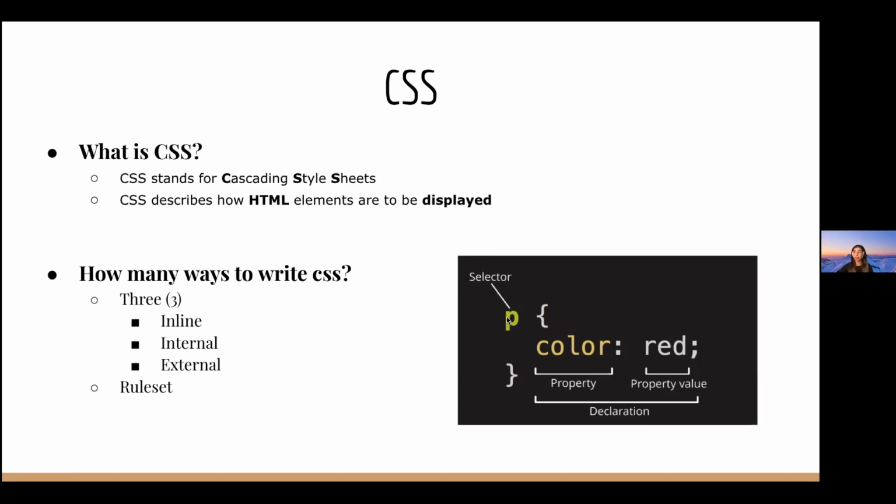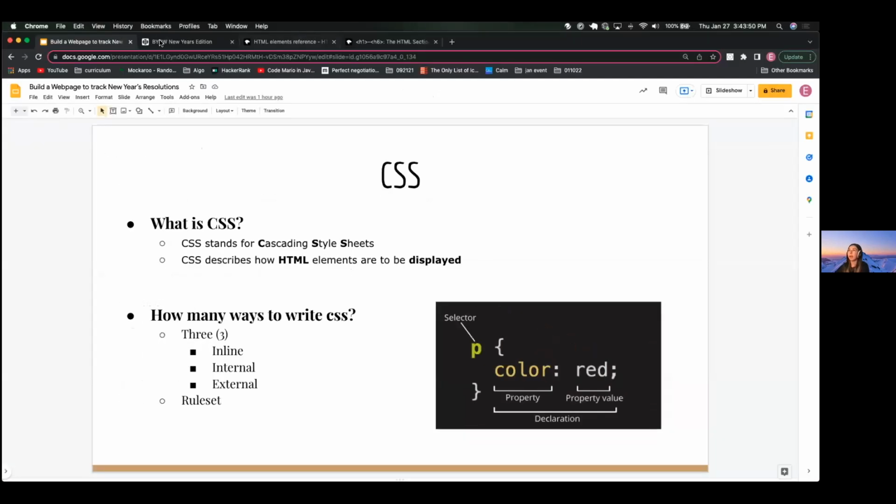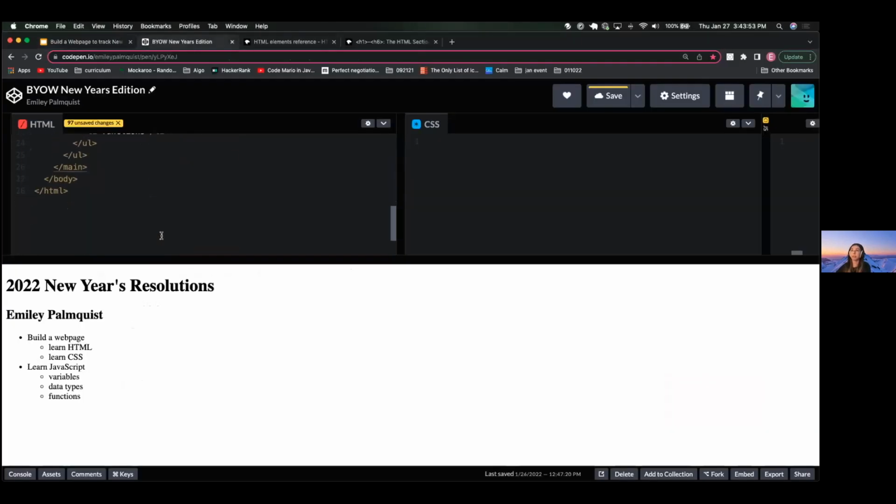In this case, they selected a p tag, which is an HTML element. If we had a p tag somewhere in our documentation, like maybe here in the main body, that says hello world, it would select this tag right here because it's a p tag.